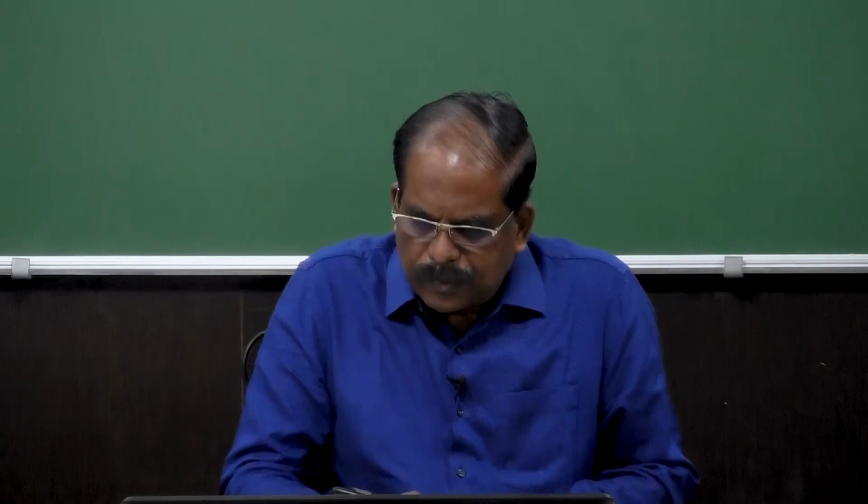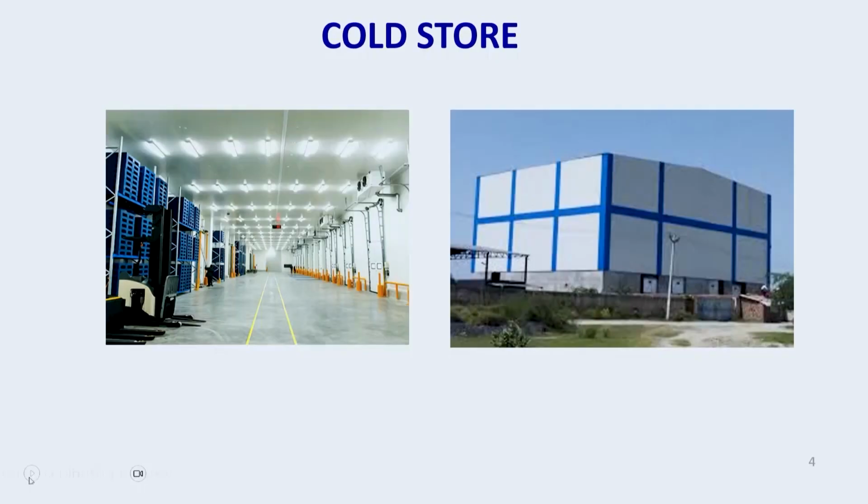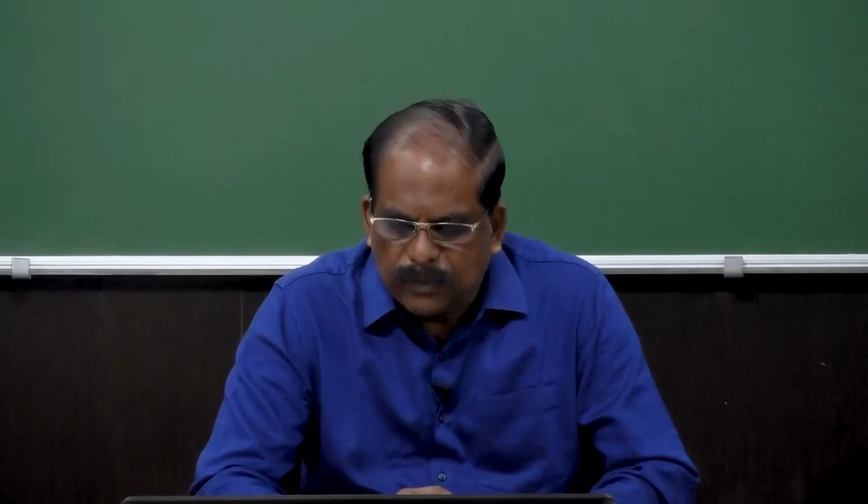So here we can see the photograph of the cold store. The picture on the left side is the inside view of the cold store, and the one on the right side is the external photographic view. As we can see, it could be a two-storied cold store, ground floor and a first floor.